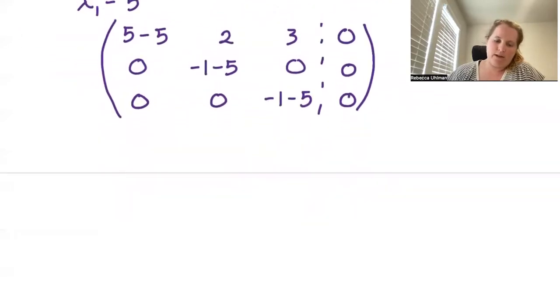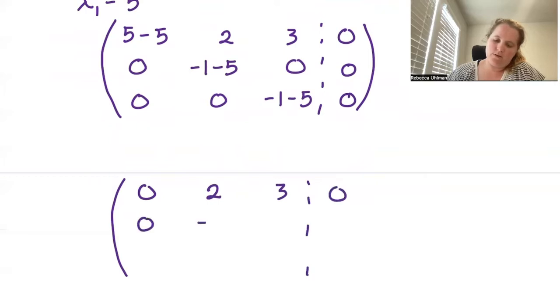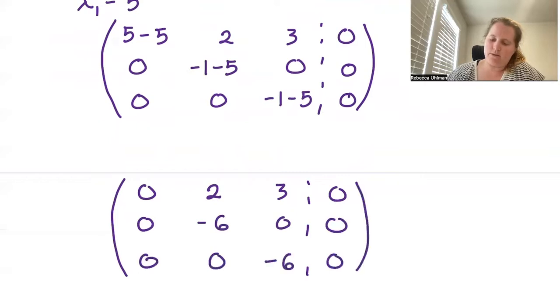So we are looking at 0, 2, 3, 0 for the first row, 0, -6, 0, 0 for the second row, and 0, 0, -6, 0 for the last row.